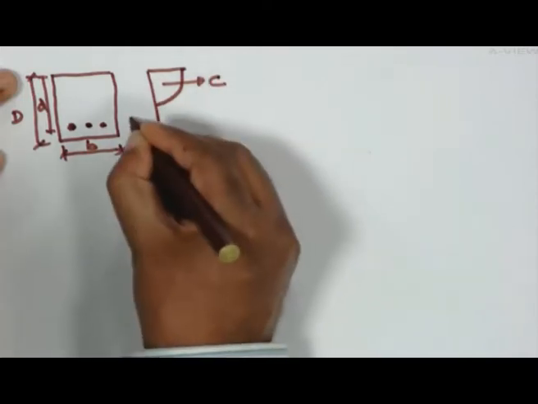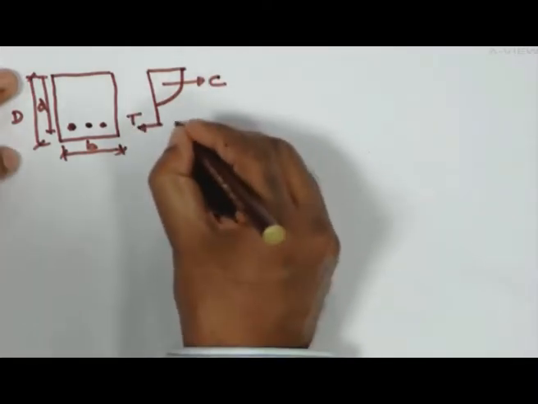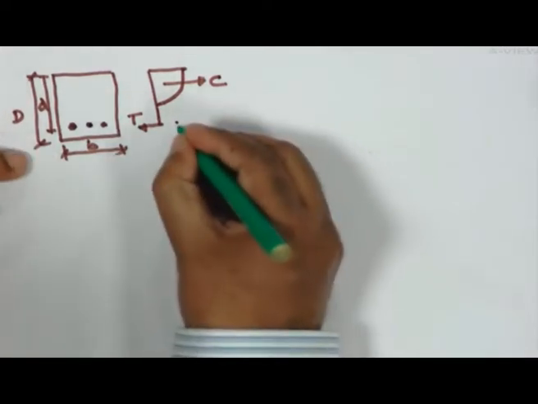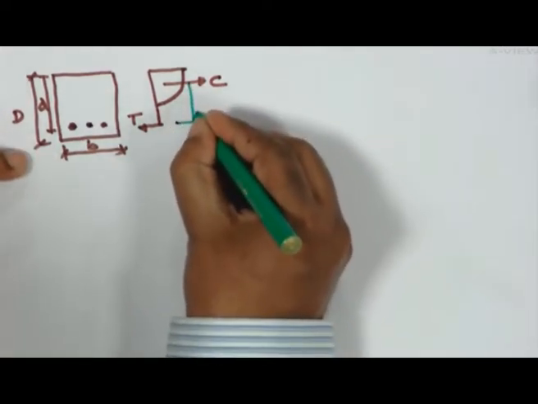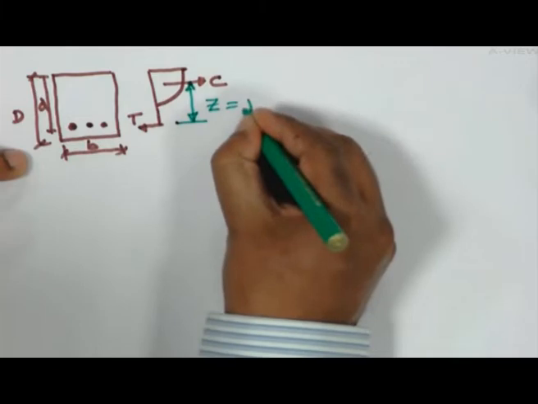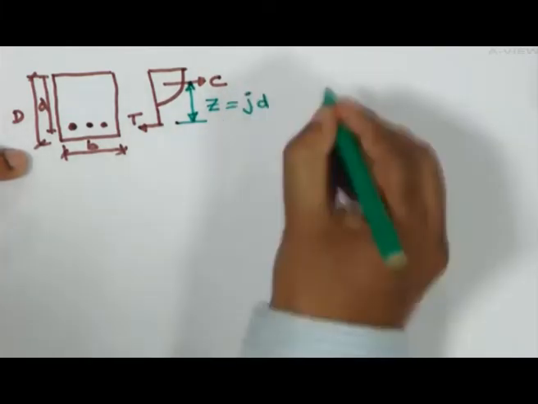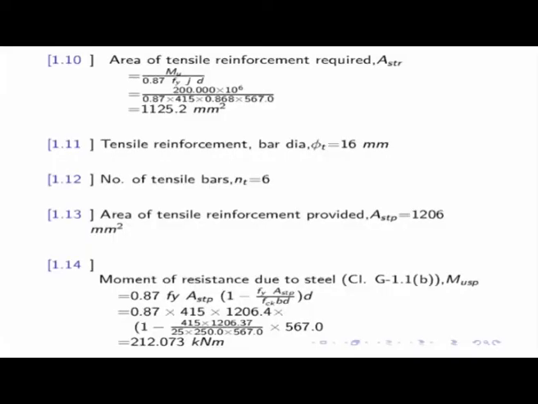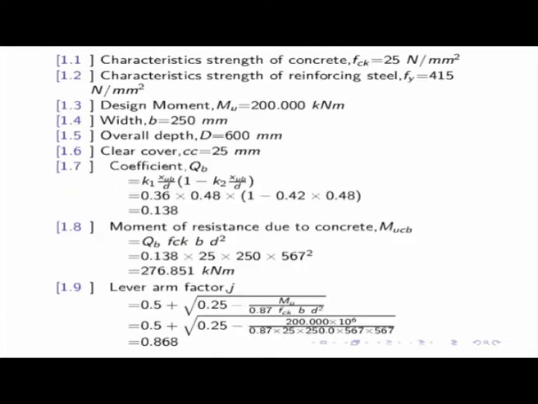This is C and T, whatever we discussed yesterday, and this is your Z, which is nothing but jd. This J I have to calculate based on the derivation, and the very simple formula you just remember: 0.5 plus root over 0.25 minus Mu by 0.87 fck b d square.